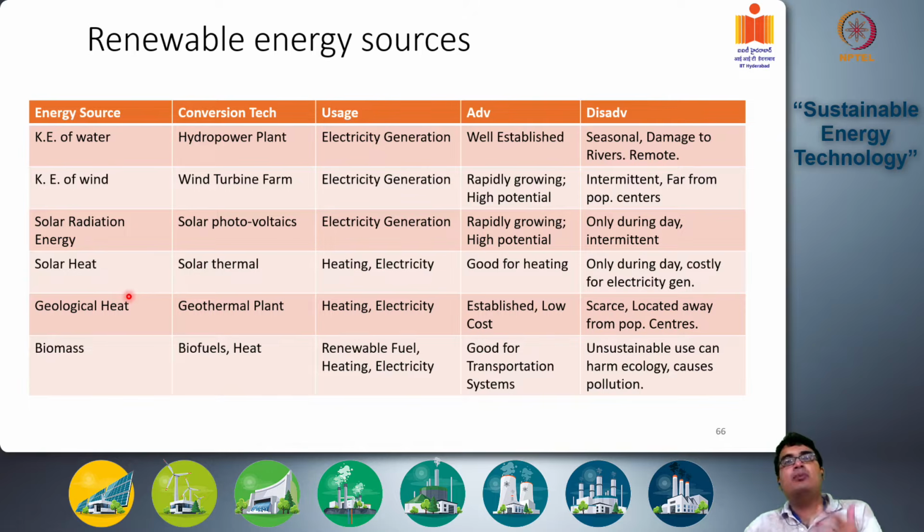There are geothermal heating systems or power plants that have existed for a very long time now, but it is extremely scarce. Only a few places in the world have sufficient geothermal heat close to the surface for it to be tapped economically. So even though it's established and very useful where it exists, it does not exist in a lot of places. And in India particularly, I am not aware of a single geothermal heating power plant system in existence. Okay.